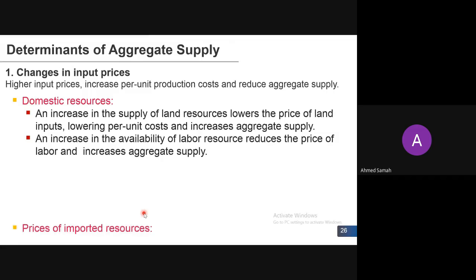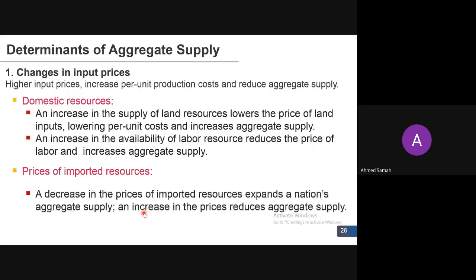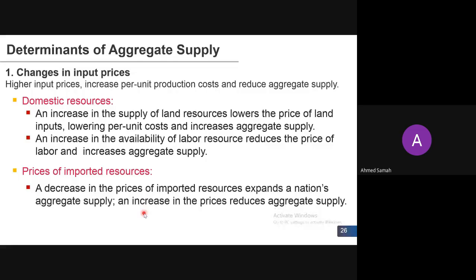When the prices of imported resources fall, it will expand the nation's aggregate supply as well. Because again, it depends on how many resources we have, whether domestic resources or imported resources.